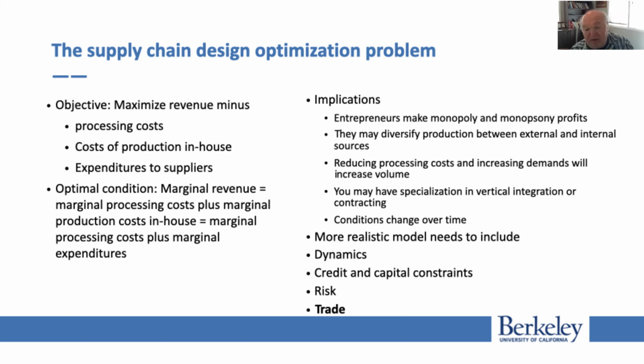The other thing that this model suggests is that your production cost may be increasing over time, and then you will increase the scale of your operation. You sell more, you import more, you export more, and over time you may buy more from others and produce less in-house, like the example of the producer of flowers.